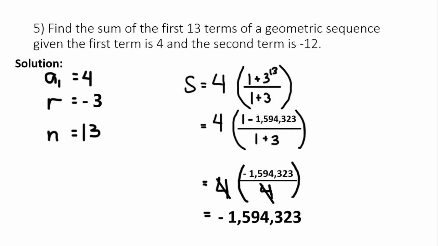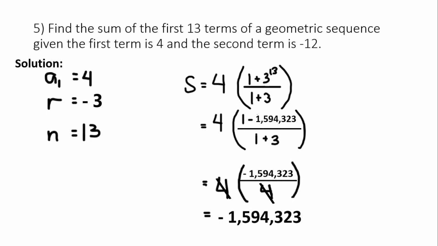Number 5. Find the sum of the first 13 terms of a geometric sequence given the first term is 4 and the second term is negative 12. The a sub 1 is 4, the common ratio is negative 3, the n term is 13.